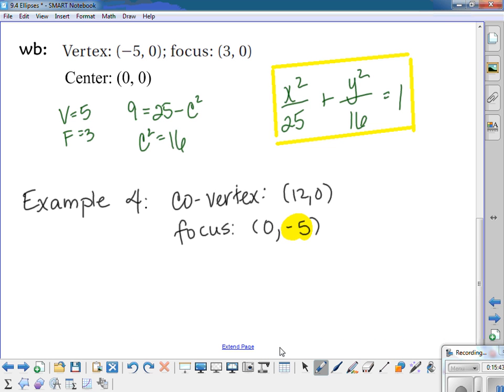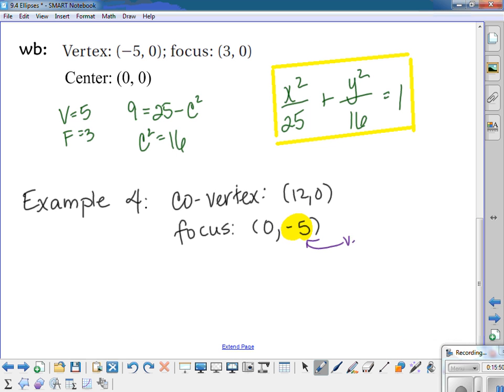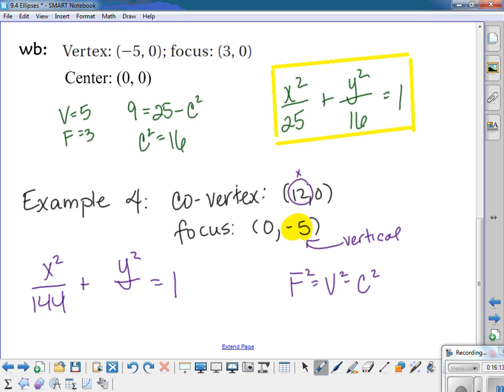And so because my focus is on the y-axis, I know that this one has to be vertical. So this is going to be what's under my x squared right here. So I've got x squared over 144 plus y squared over something is going to equal 1. And then f squared equals v squared minus c squared.